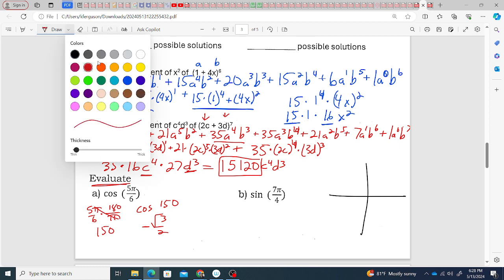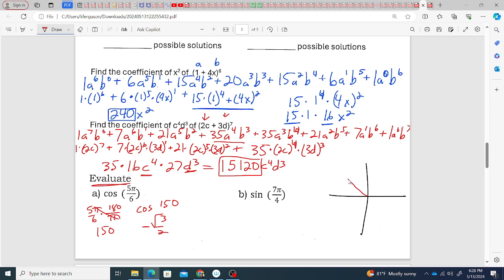And we said that it's 150. So let's put 150 right here. So that right there is 150. This right here will be my reference angle. So that's 30. Now this is the unit circle, so that means that's 1. If that's 1, what is this value? That's 1/2. And what is this value? This value, because it's on the left side, is negative square root of 3 over 2.